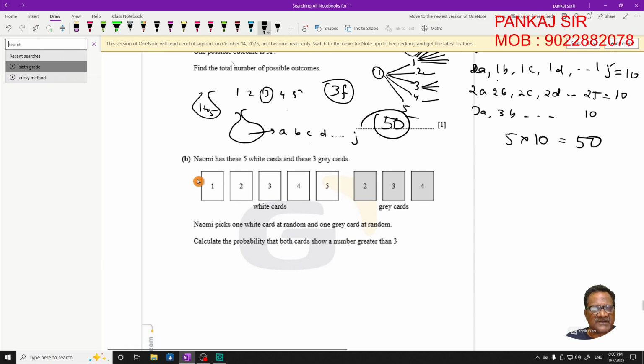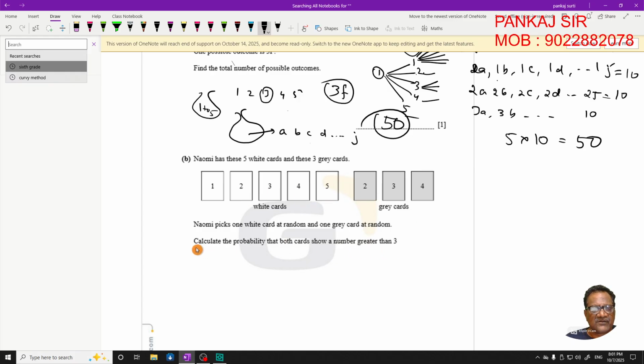Now question number 22, part B. Naomi has 5 white cards and 3 grey cards. These are the white cards, these are the grey cards. Now she picks up 1 white card at random and 1 grey card at random, 1 card from each.